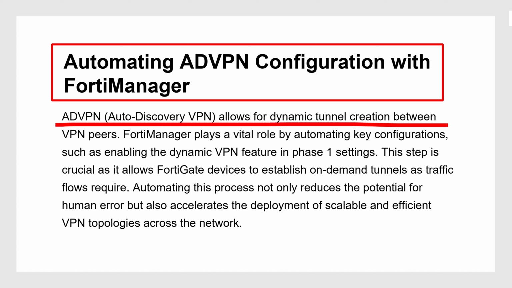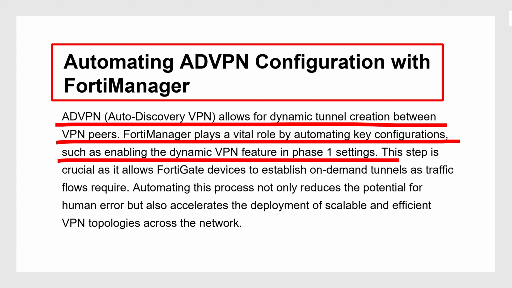AD/VPN is all about creating VPN tunnels when needed, and FortiManager can automate critical steps like turning on the dynamic VPN feature in Phase 1. This step ensures tunnels are created automatically between devices when traffic starts flowing. Automating this setup saves time, reduces errors, and makes managing VPNs much easier.